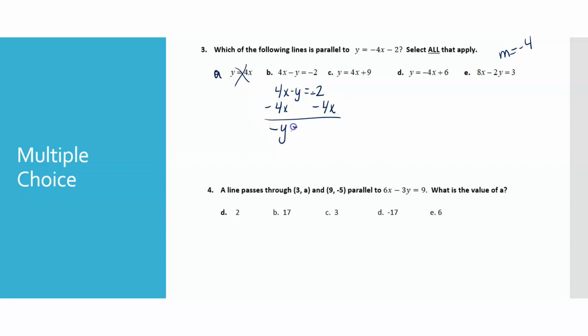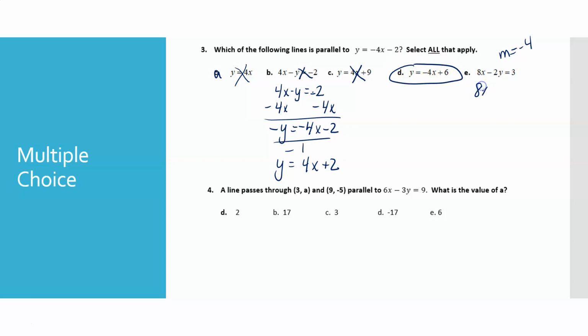I have negative y equals negative 4x minus 2. I'm going to divide by negative 1. And we're at positive 4. So it's not this one. This is already 4. We're looking for negative 4, so we can circle D.